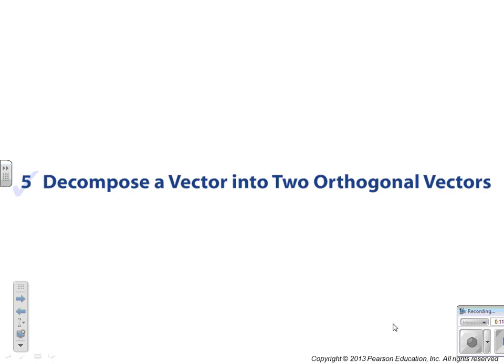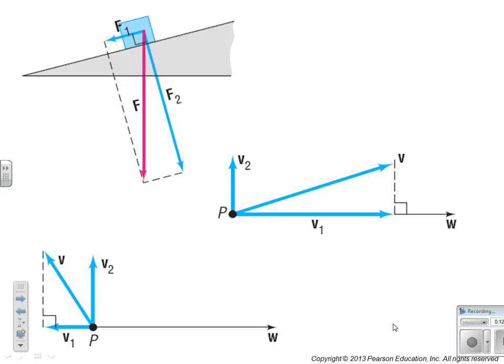All right. Decompose a vector into two orthogonal vectors. Here's an example. If we have this vector f, we can write vector f as a sum of two orthogonal vectors.